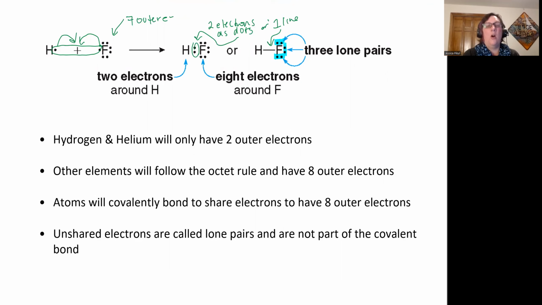If they're not sharing, we call them lone pair electrons, or non-bonding electrons is another way you'll see it written. And we still include them because it helps us track that we've reached our octet. And we just write them as paired dots around our electron dot symbol.